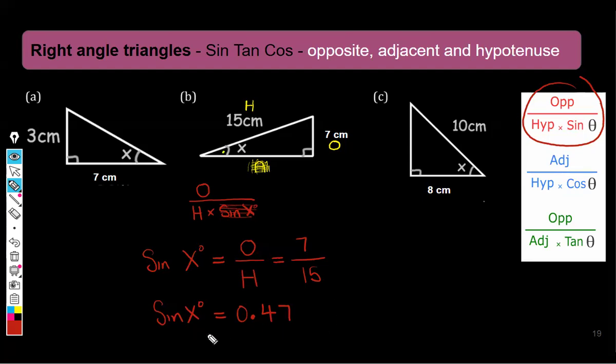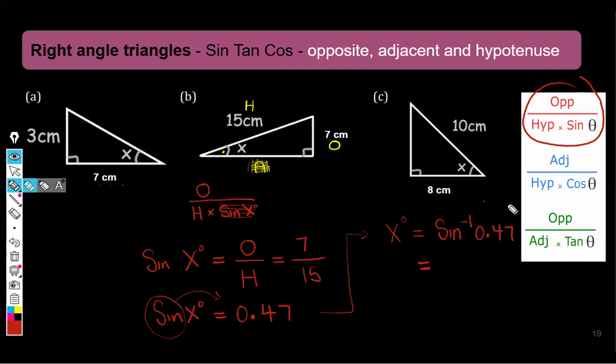Now remember, the aim of the question is to solve for x. That means we're going to have to throw across the sine. When you throw across the sine, you're going to get sine inverse 0.47. Some people said I have it wrong, 7 divided by 15.